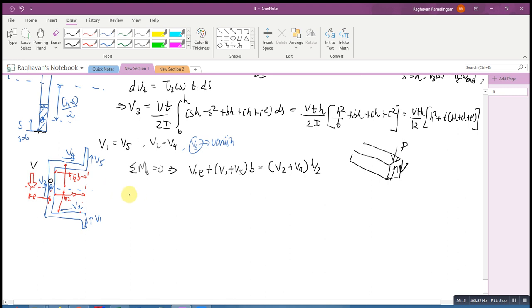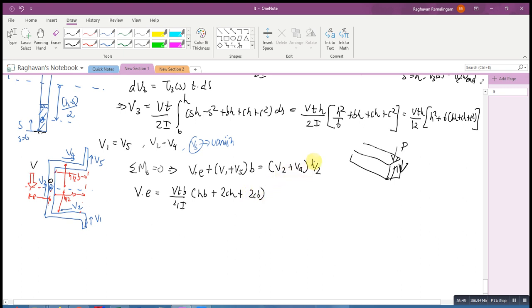But as of now, let me write V times E equals, and I'll substitute for V1, V5, V2, and V4, whatever we found above. For V2 and V4, I have Vt by 4I into Hb plus 2Ch plus 2Cb.